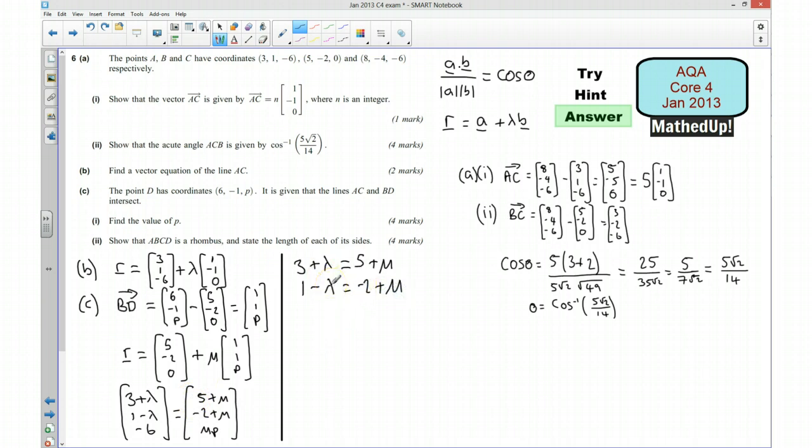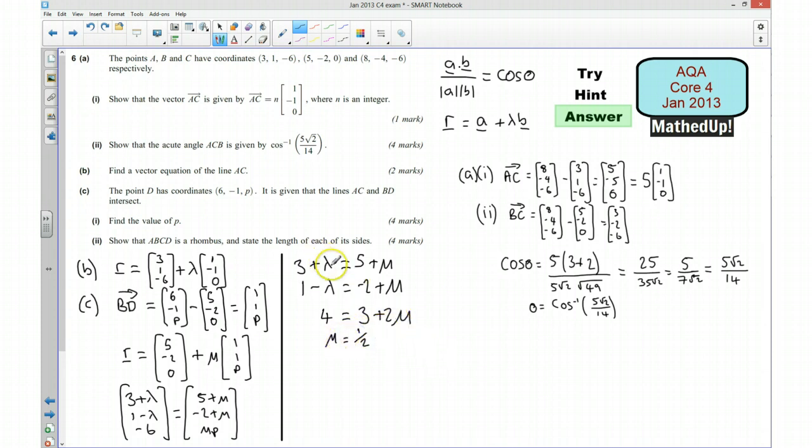I'm first of all going to use these two equations to work out what lambda is and what mu is. Now you might spot that if I add these two equations together, then my lambda will eliminate. So 3 plus 1 is 4, and lambda take away lambda is 0 lambda, so I'm going to have 4 is equal to 3 plus 2 mu, which means that mu is going to be equal to a half.